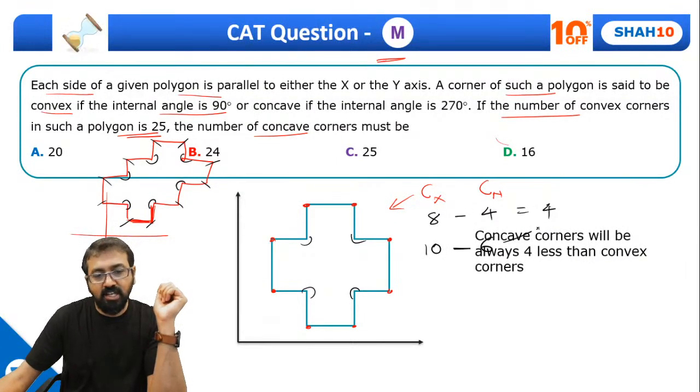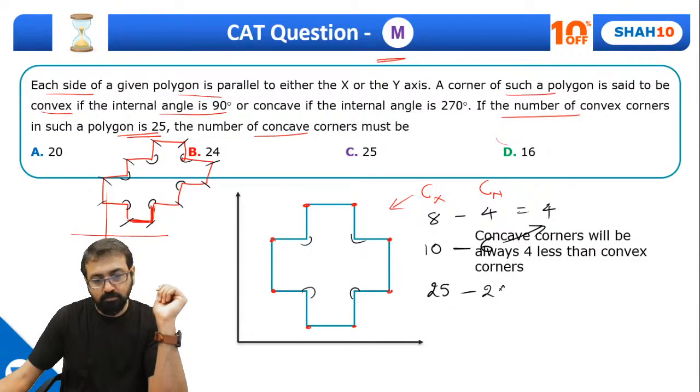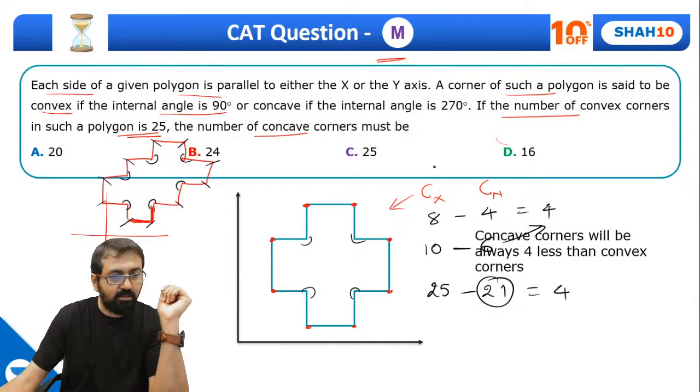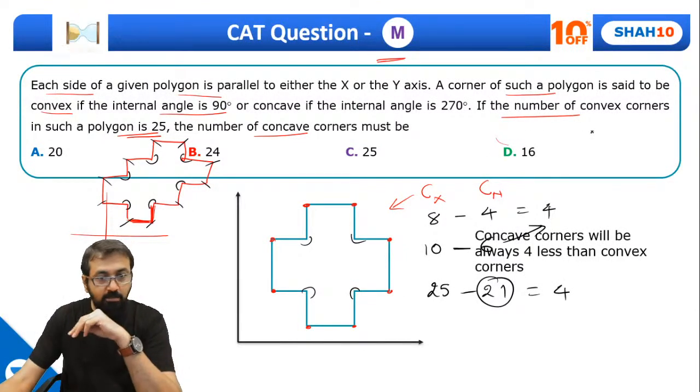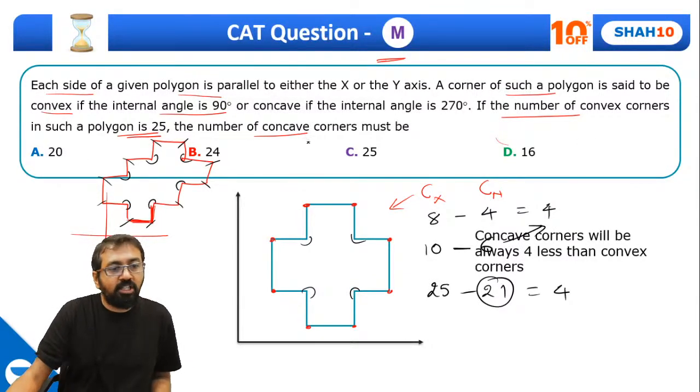What is the difference? Again, that came out to be 4. So it's always a difference of 4. So our answer should be 21. If the number of convex corners in such a polygon is 25, the number of concave corners should be 21.